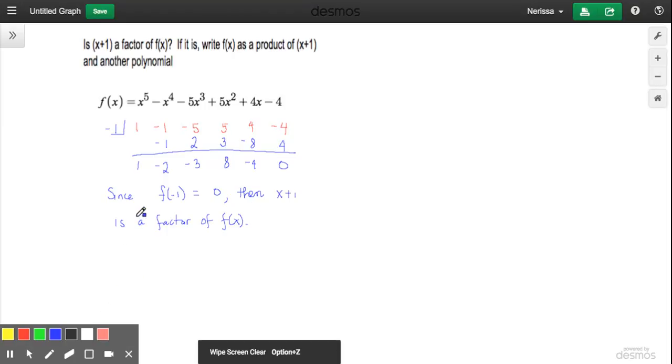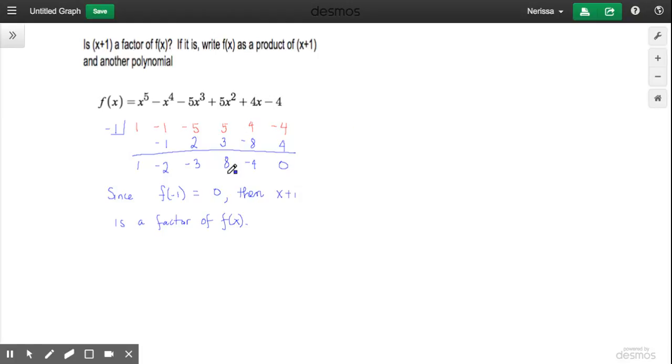Okay, and so now we can write f of x. F of x is equal to, one of the factors is x plus 1.